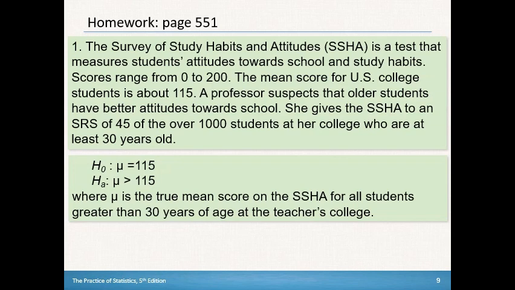So for the older students, that's what mu is, the average score for their test. Now, we're not analyzing this, and we're not coming up with how likely that is to happen, that kind of thing. Right now, we're just looking at setting up the null and alternative hypotheses correctly.